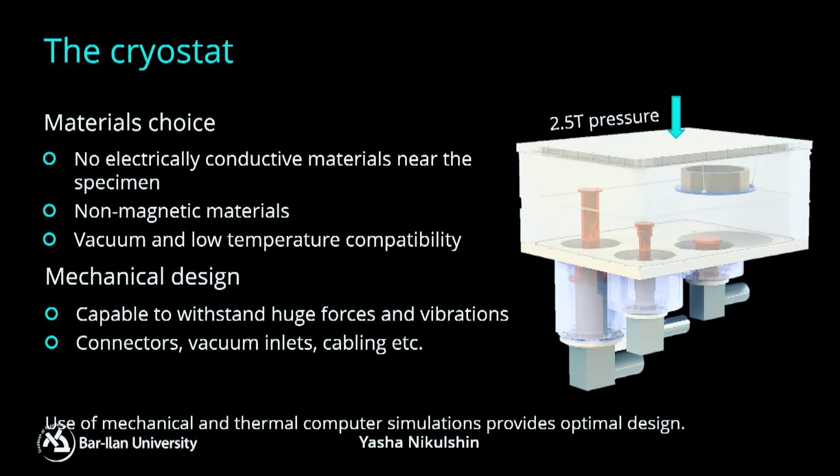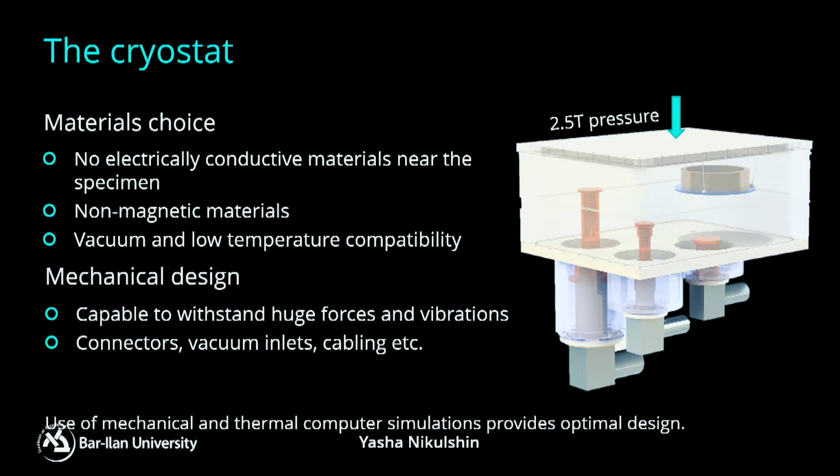So the cryostat. This is the actual design of the cryostat we used in this experiment. It's all made of plastic materials, so they are not electrically conductive and non-magnetic, of course. But it has to maintain a high vacuum to reduce the convection heat transfer.